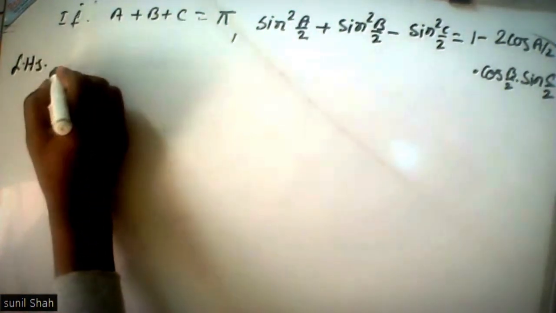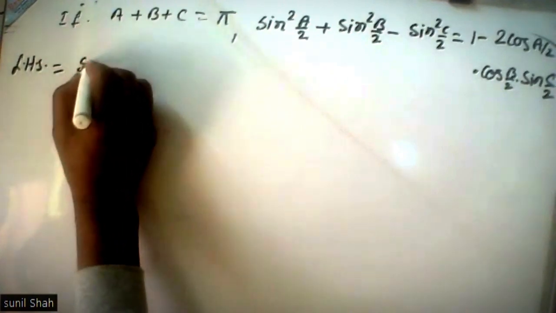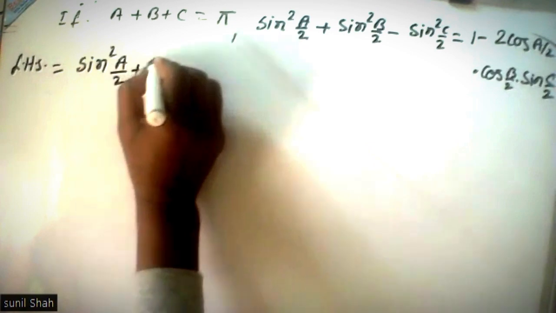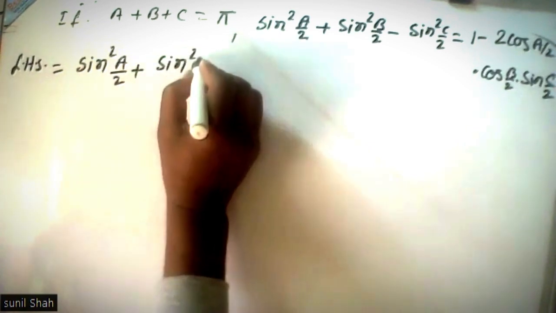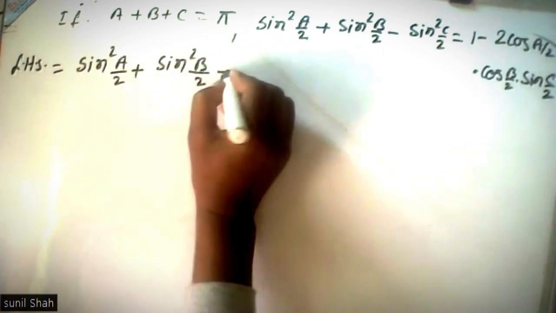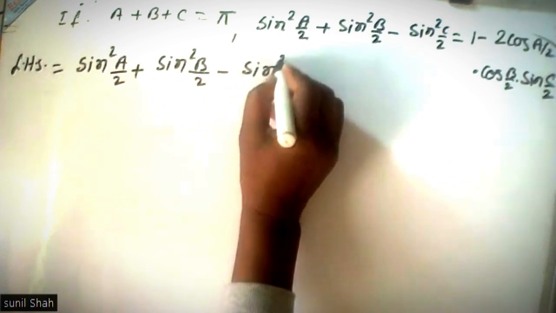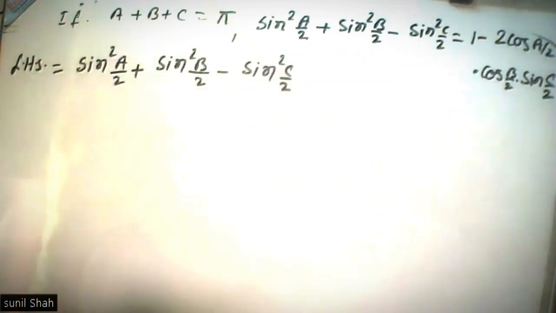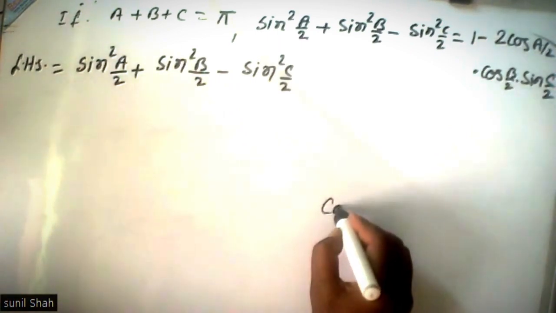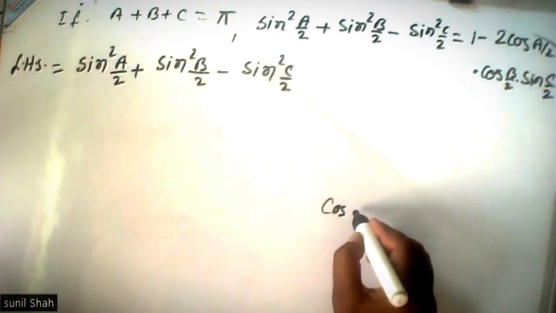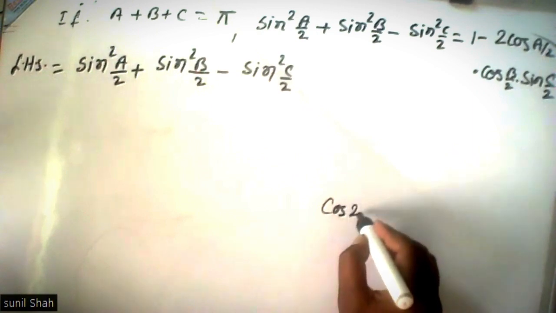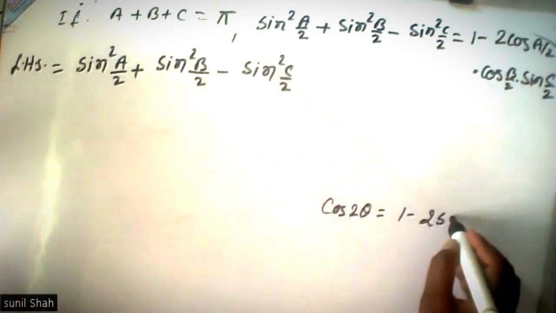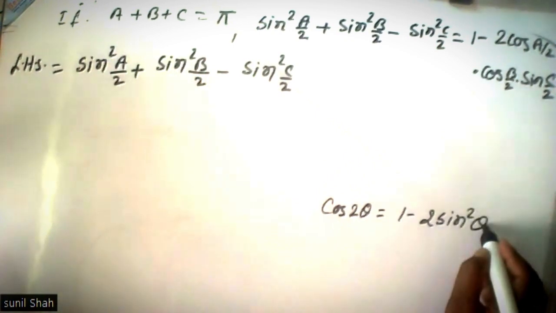LHS is equal to sin square a by 2 plus sin square b by 2 minus sin square c by 2. Convert this sine into cos. So here we have cos 2 theta is 1 minus 2 sin square theta.